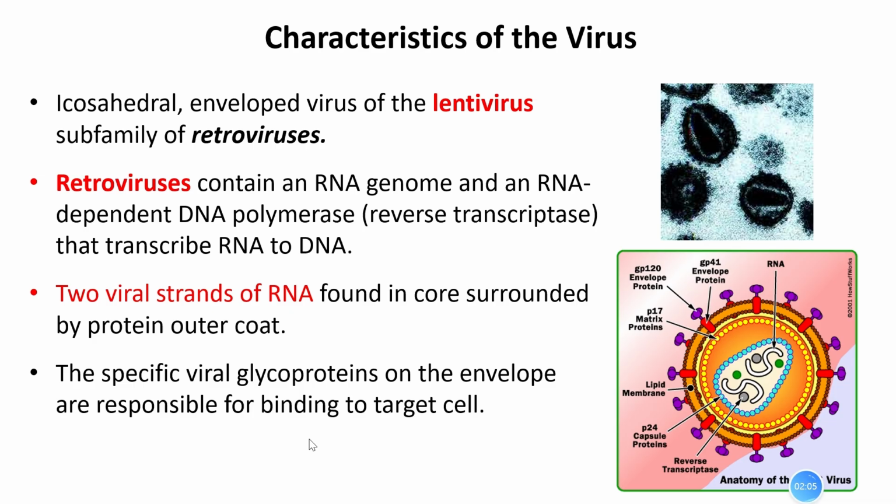The 2 viral strands of RNA are found in the core, surrounded by the protein coat. And on the protein coat, there is a capsid protein, P24, okay, which covers the RNA.